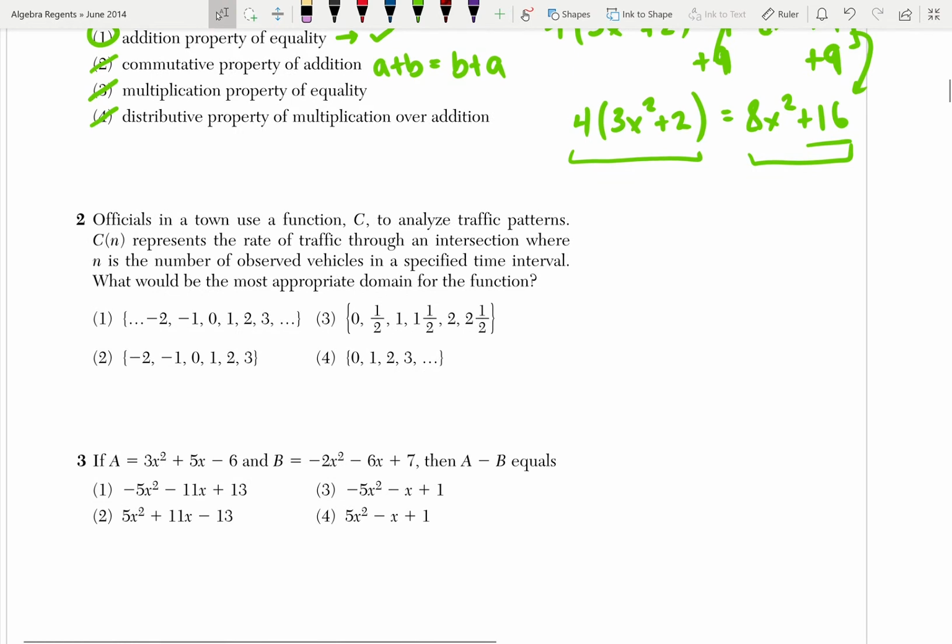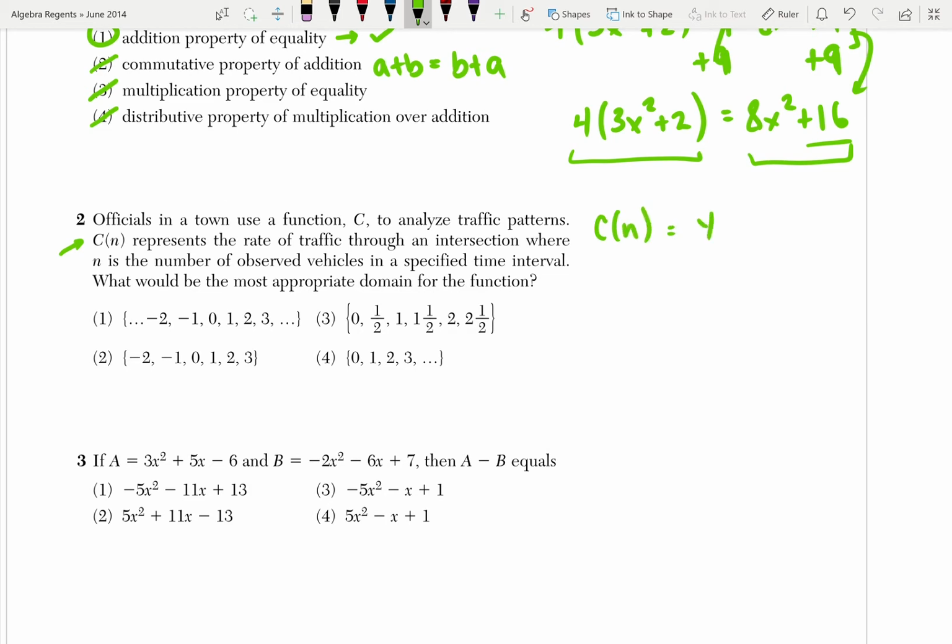Let's look at question number 2. So officials in a town use a function c to analyze traffic patterns. C of n, that's how you would say that. C of n represents the rate of traffic through an intersection where n is the number of observed vehicles in a specified time interval. Okay, so here C of n, think of that as your y, right?